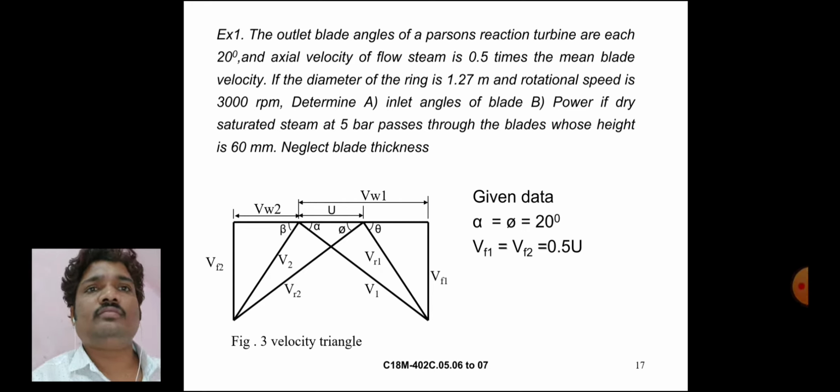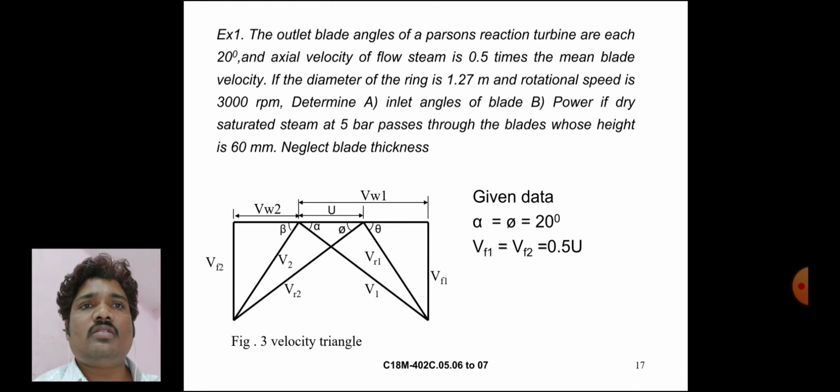Problems. The outlet blade angle of a Parsons reaction turbine are each 20 degree and axial velocity of flow of steam is 0.5 times the mean blade velocity.